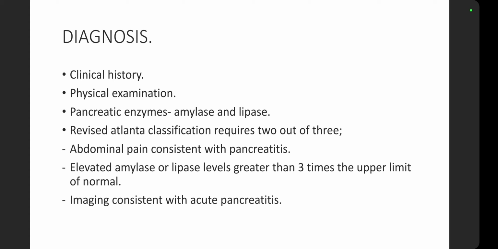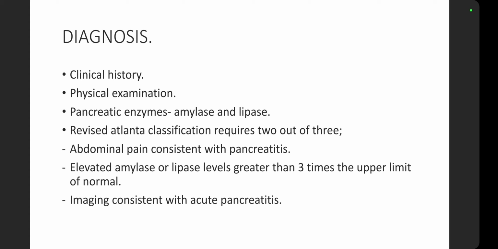Then you go to the physical examination where you examine your patients, and also you do the tests such as pancreatic enzyme test, where you check for the serum levels of amylase and lipase, and also you use the revised Atlanta classification that requires 2 out of 3 of the presentations, where you are going to have abdominal pain consistent with pancreatitis.